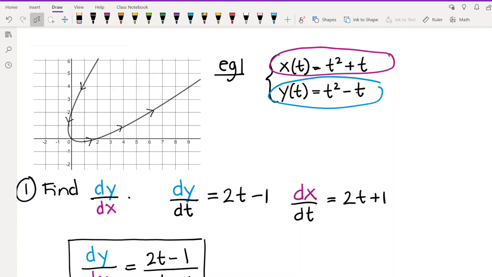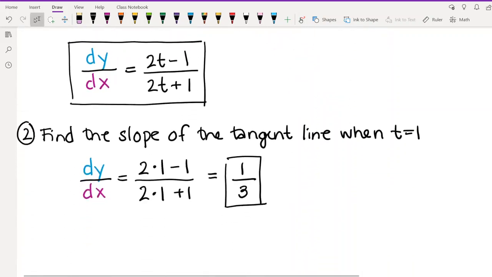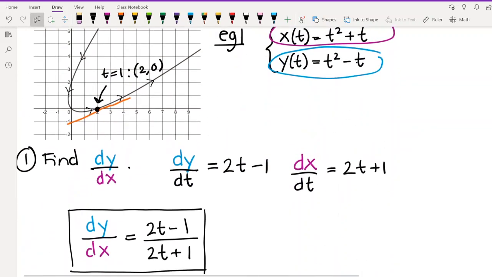And in the bottom equation, if we plug in 1, we get 1 minus 1, which is 0. So this is the point where t is equal to 1. When t is equal to 1, we get 2 for x, 0 for y. And so we just figured out that the slope of the tangent line at this point is 1/3, which looks reasonable, right? It looks like a positive slope, but it's not very steep.